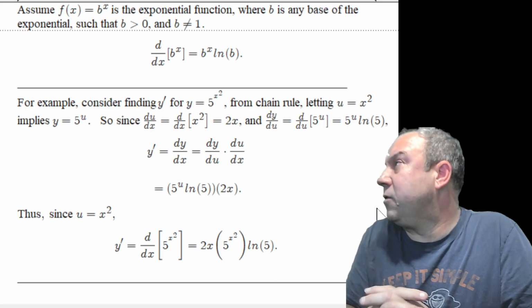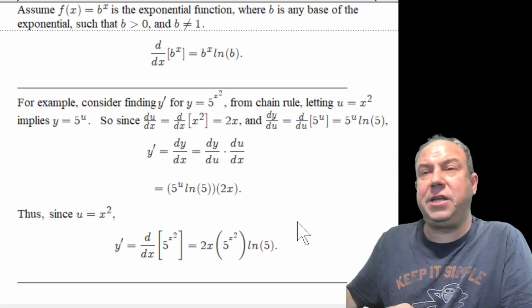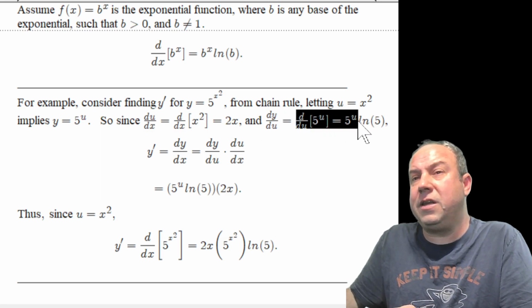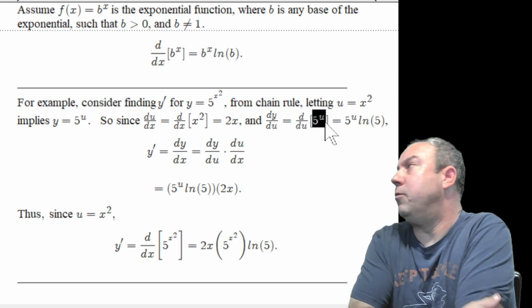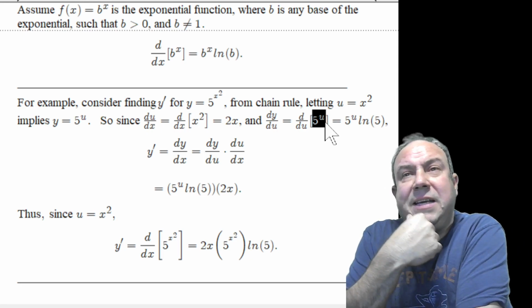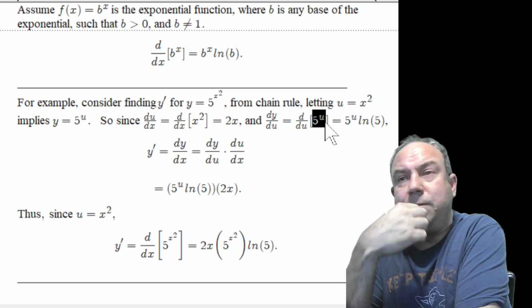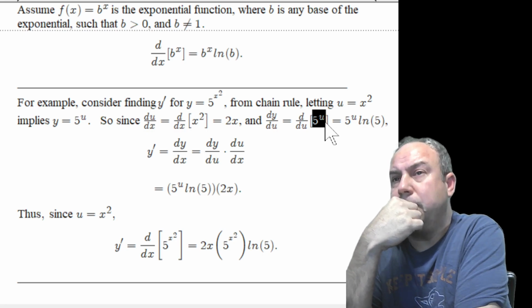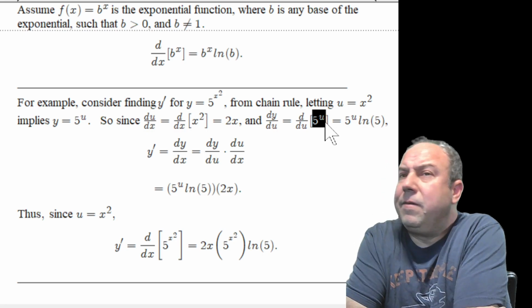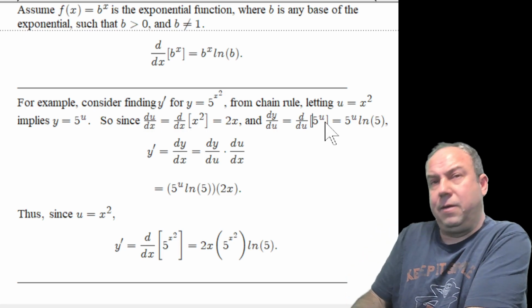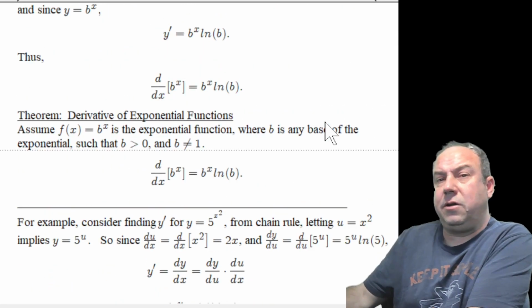This would be that derivative result. And we used here the derivative result for the exponential function of base 5 in the context of u, because the problem was setting itself up with a little chain rule.